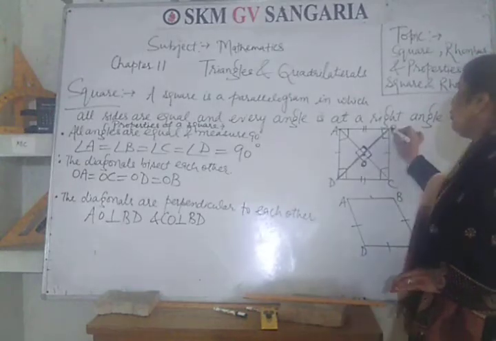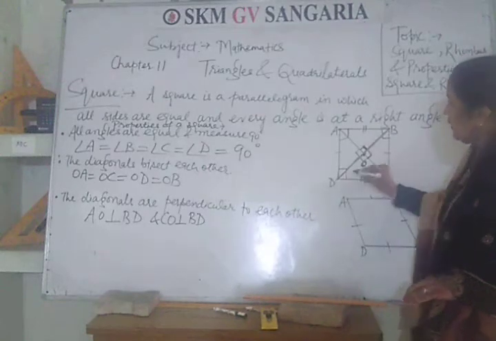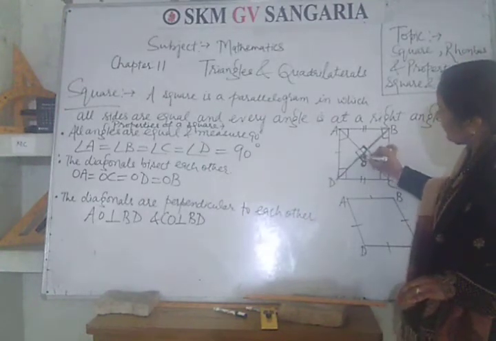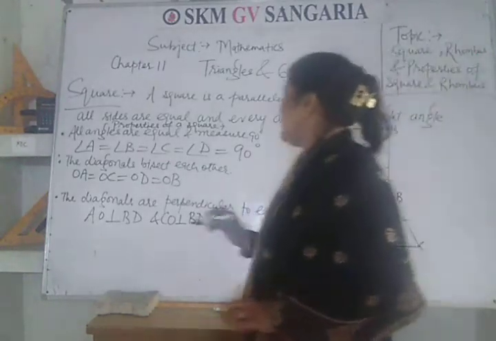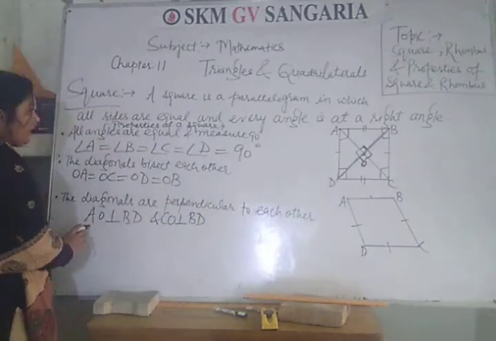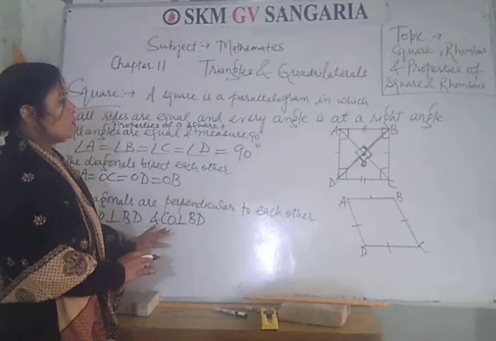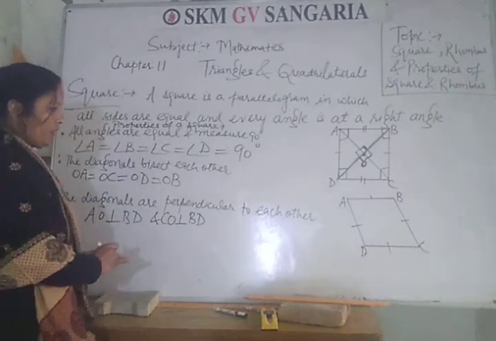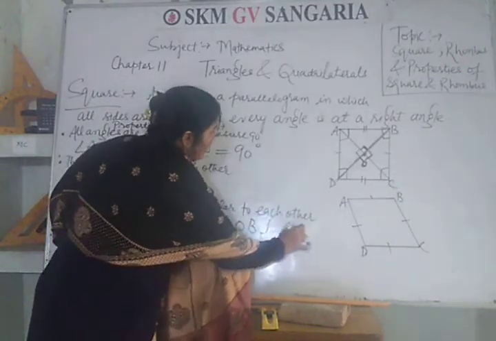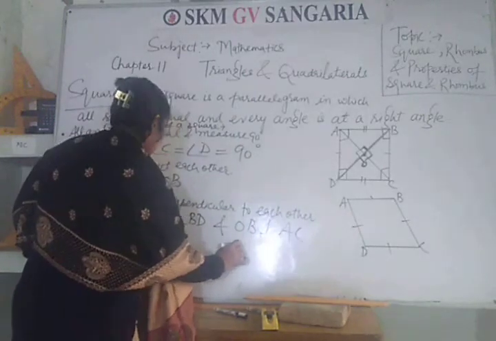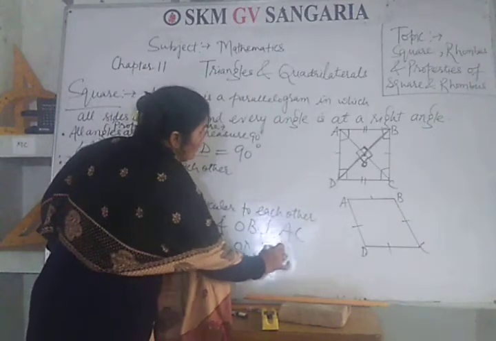Similarly, OB will be perpendicular to AC and OD will also be perpendicular to AC. We can say the diagonals are perpendicular to each other.